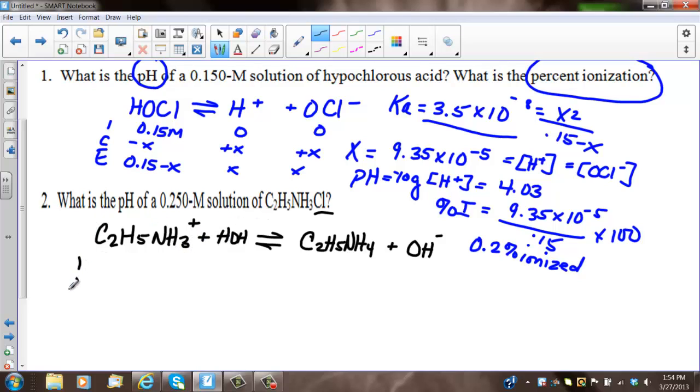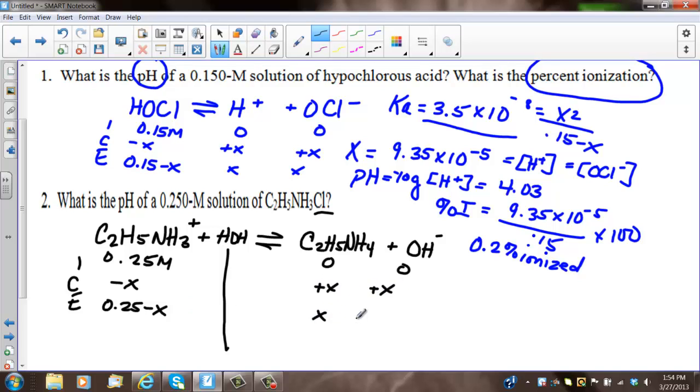So let's set up our ICE table. We've got 0.25 molar initially, and we don't need to worry about the water. This is going to be 0, 0, minus x, plus x, plus x, giving 0.25 minus x, x, and x. So what's going on here, we need the Kb.